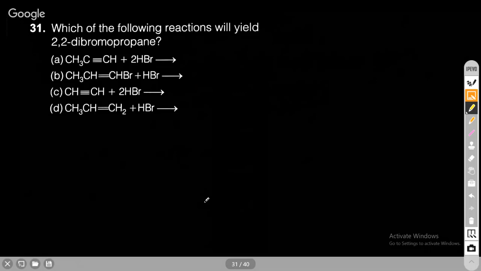Do we have any rearrangement in this? If yes, then what kind of rearrangement have you done? You're getting option A. Yeah, option A is right.